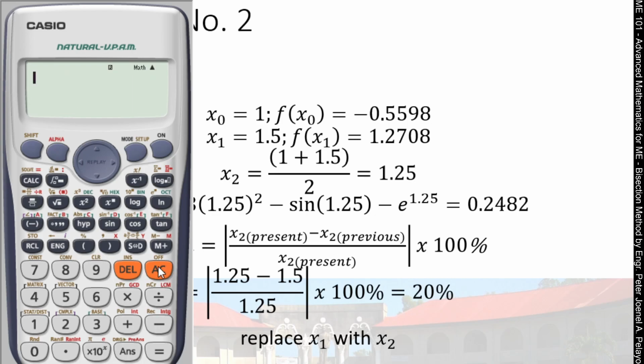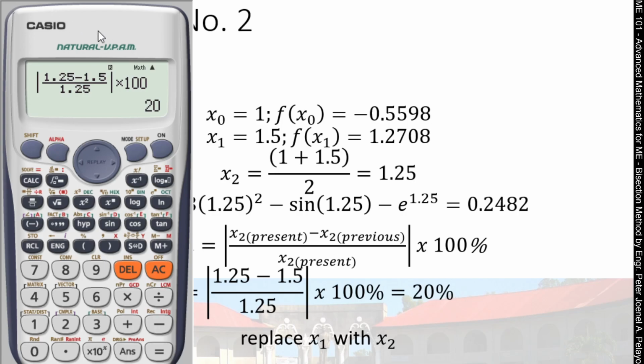Ang present is 1.25, ang previous is 1.5, over 1.25 present, times mo lang ng 100. So, that is 20%. Yun yung percentage error.